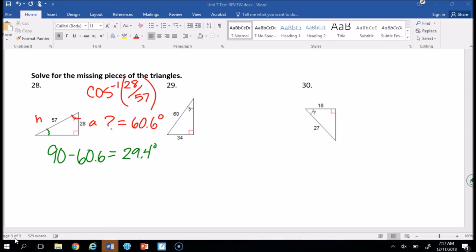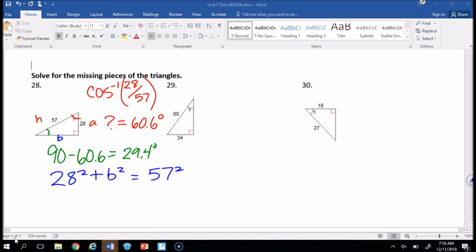Now it says that we're supposed to solve for all the missing parts. We have two sides of this triangle and we need a third side. So we have the hypotenuse and we have one of the sides. So we're going to go ahead and solve this by saying a squared plus b squared, which we don't know, and we'll call this down here b, is equal to 57 squared.